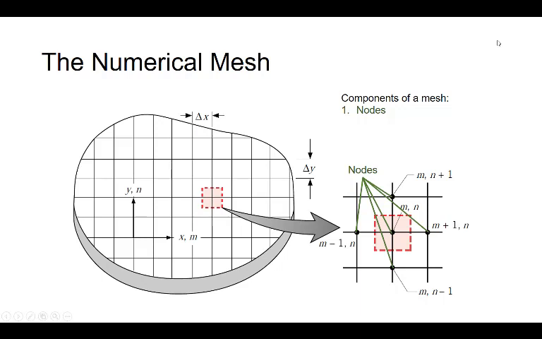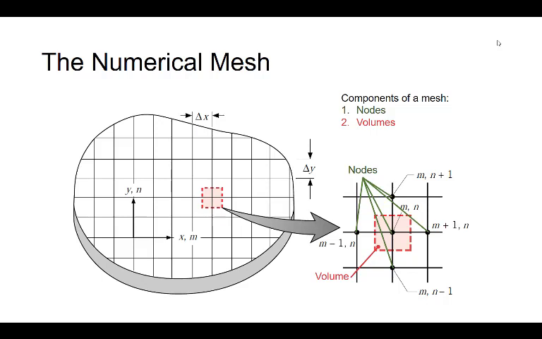It will be convenient in future lessons to replace these node indices with cardinal directions, north, south, east, and west to keep equations a bit simpler and help us remember what these indices represent, positions of nodes in the mesh. Each node resides at the center of a volume in the mesh.